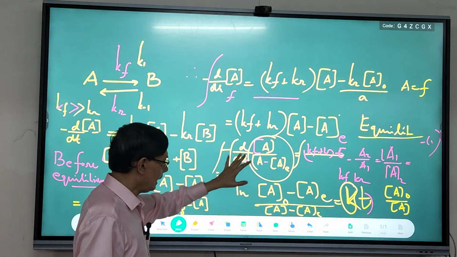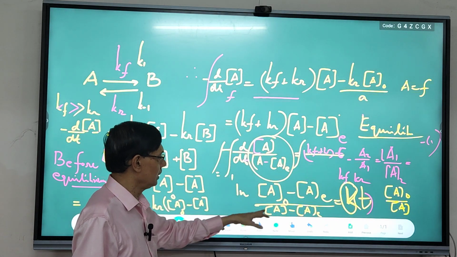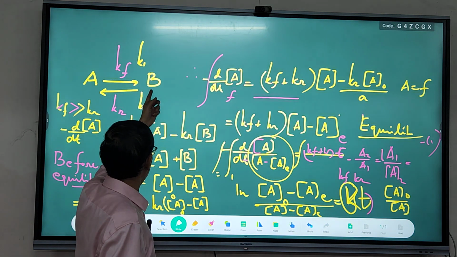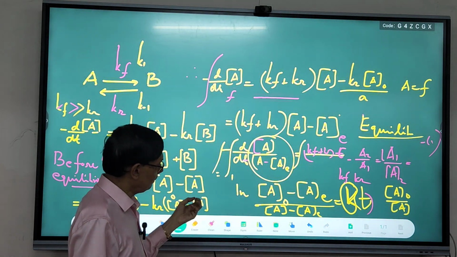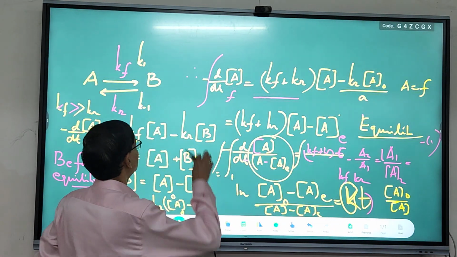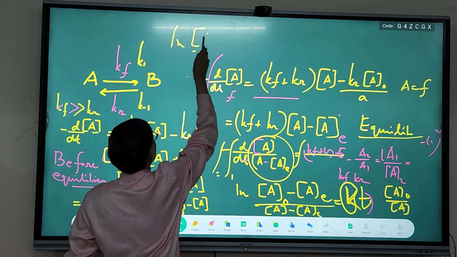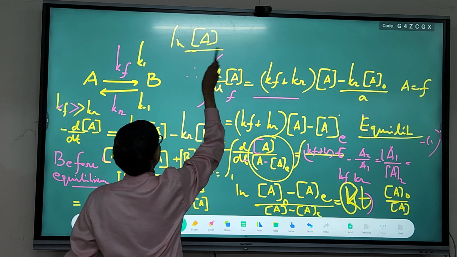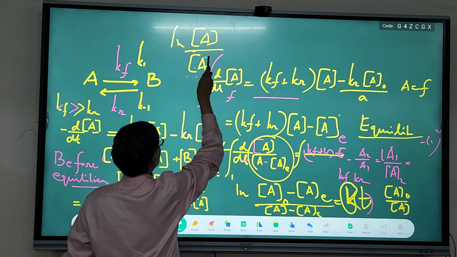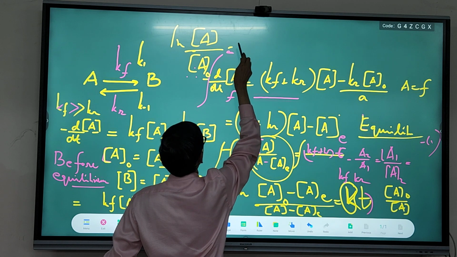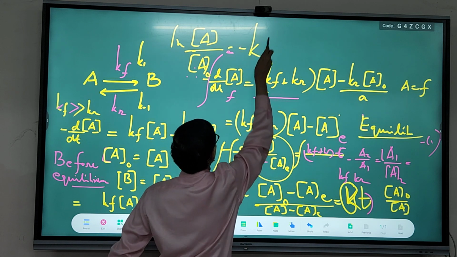So then that equation, the simple equation, because if there is very high quantity of B, sometimes A is equal to A0, like that. So finally you can see A divided by A0, your school level equation, minus KT.